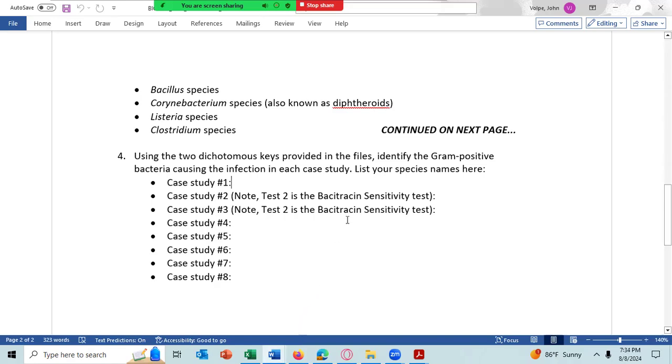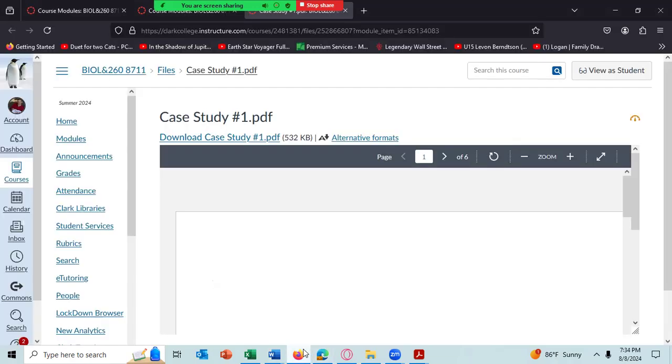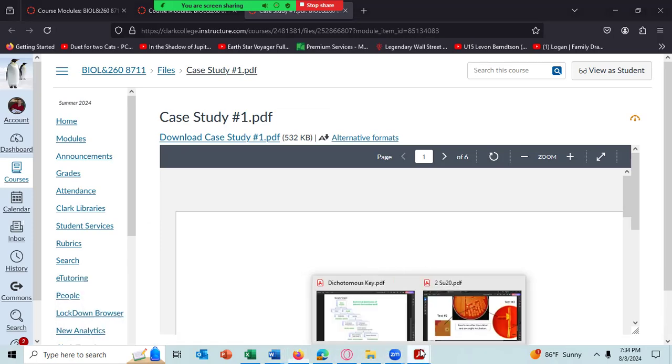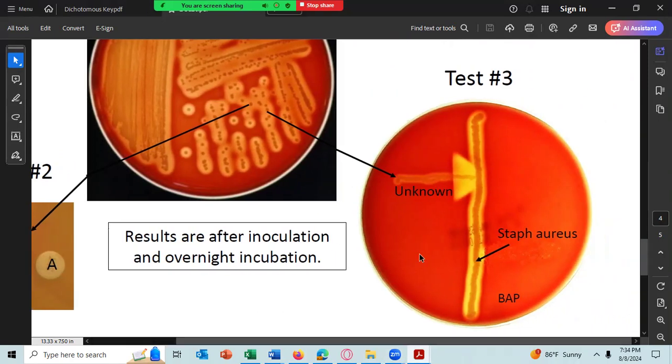Yep, test 2 is the bacitracin test. Oh, wrong one. And then they did the CAMP test. So they grew the bacteria here, and there's the CAMP test, and there's Staphylococcus aureus.